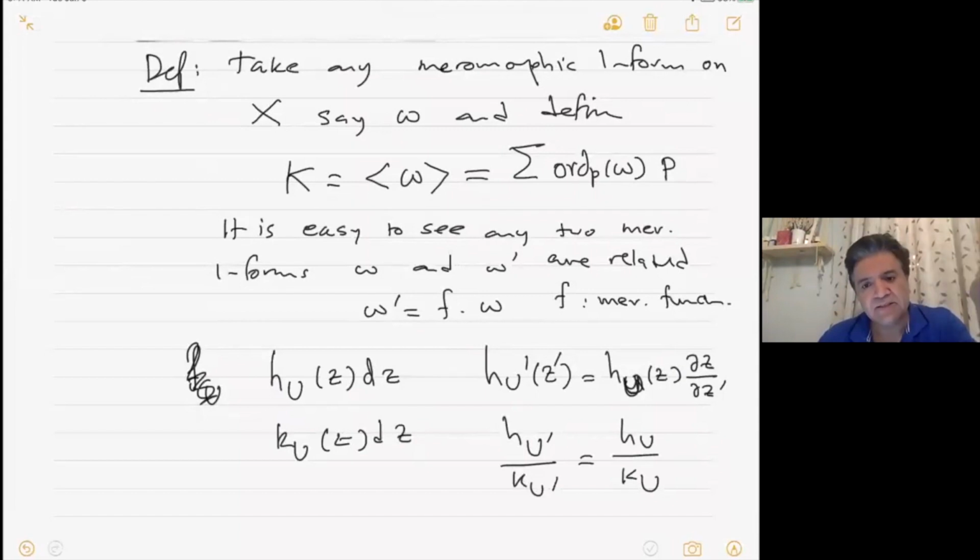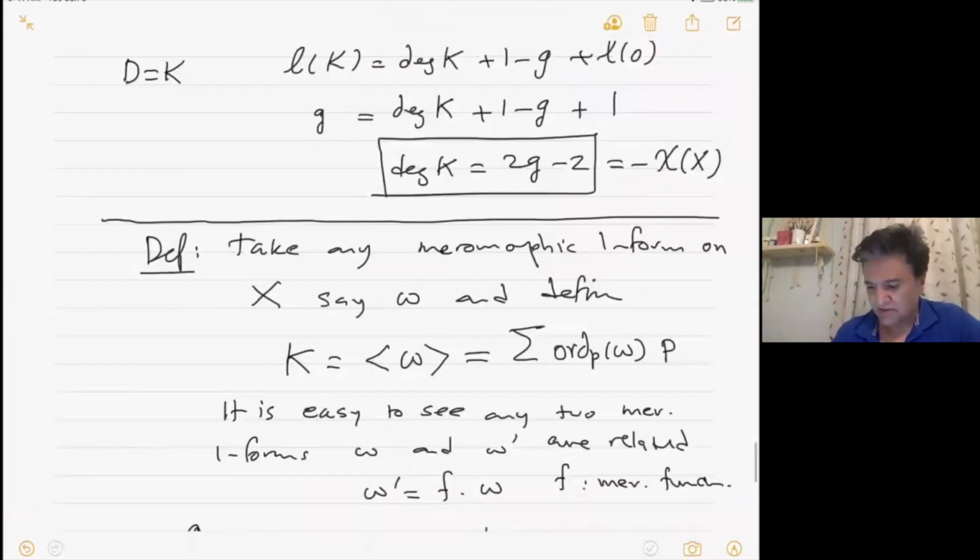And this says that the totality of these quotients is, in fact, a well-defined meromorphic function f, and this tells you why the one forms are related like this. And this implies that the class or the divisor of this meromorphic form is independent of the choice of omega.